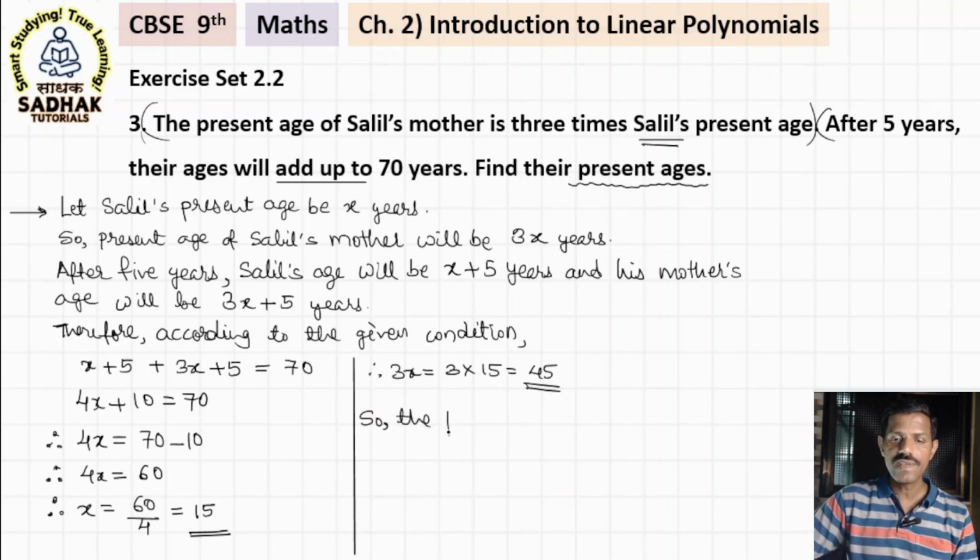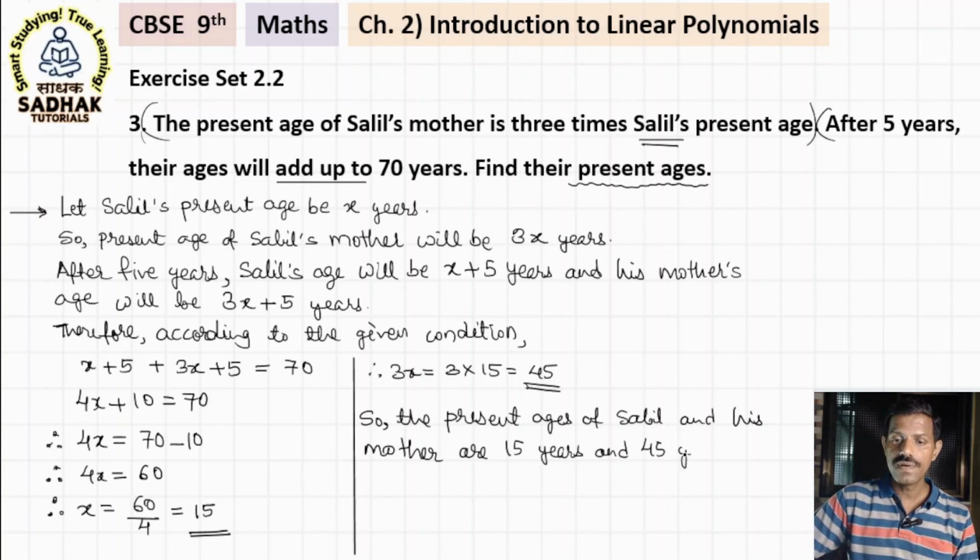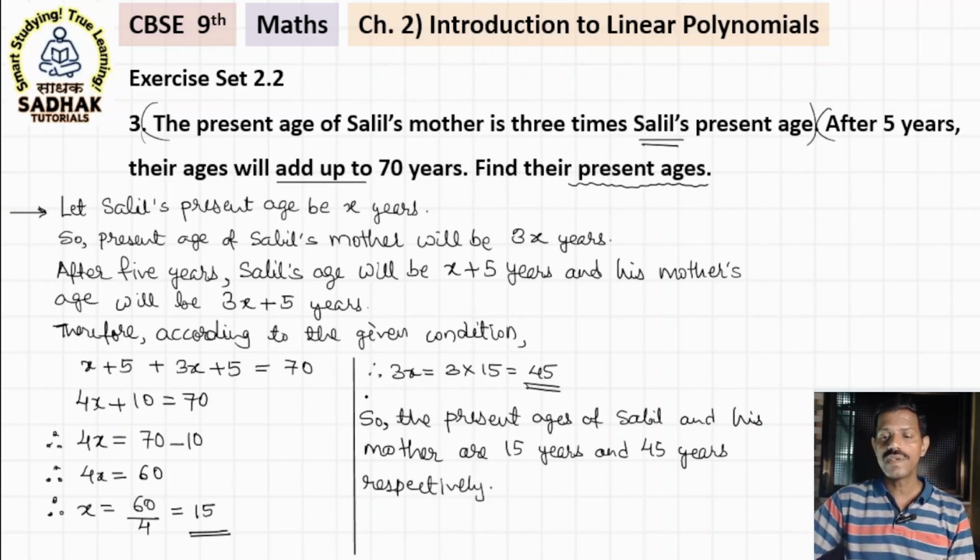So the present ages of Salil and his mother are 15 years and 45 years respectively. Okay, so that is the answer of this question number 3 of exercise set 2.2.